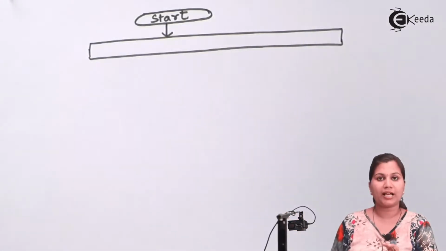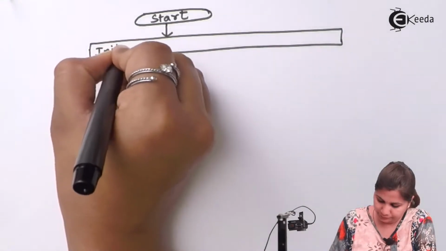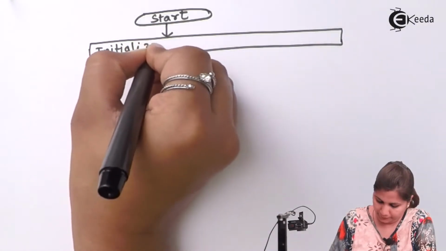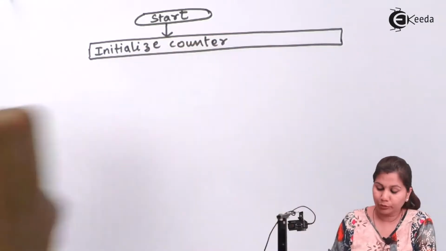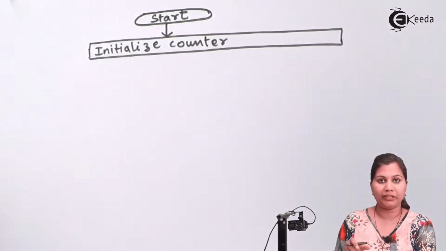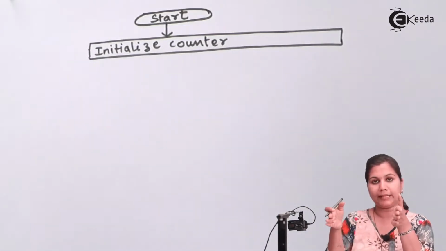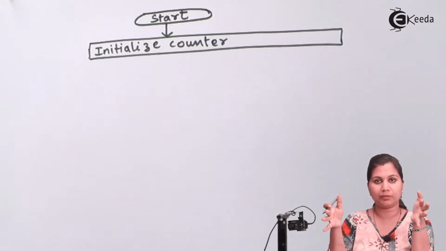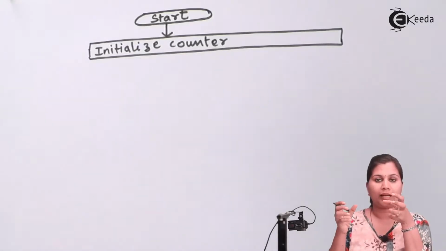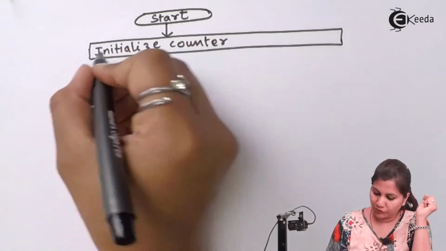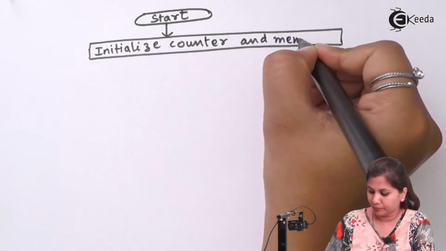We have to initialize the counter. Also we have to initialize the memory pointer, okay, because from 40H up to 10 memory locations all the 10 numbers are stored. So to point to every memory location we need a memory pointer. So we have to initialize the counter and memory pointer.